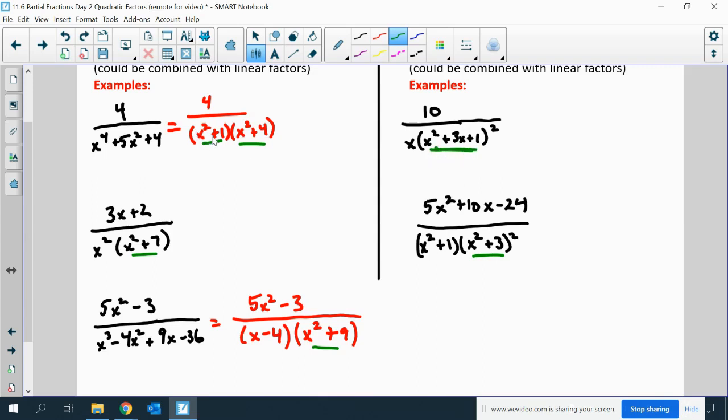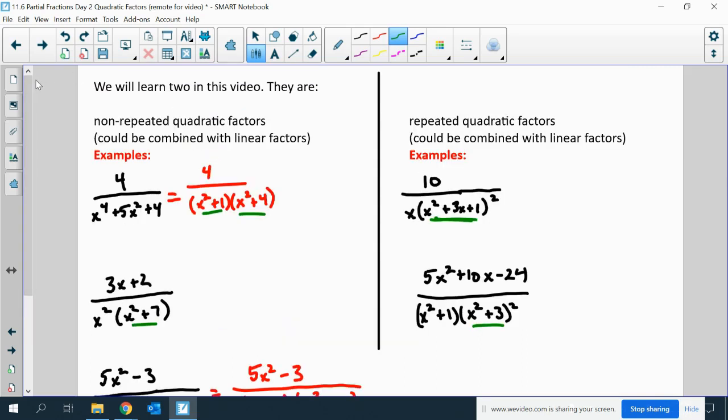Notice it doesn't just have to be a binomial; you can also have a trinomial. But x squared + 3x + 1 doesn't factor any further, so you can't break that down. In any of these cases, you have to do something similar to what we did with the linear terms, but with a slight difference.